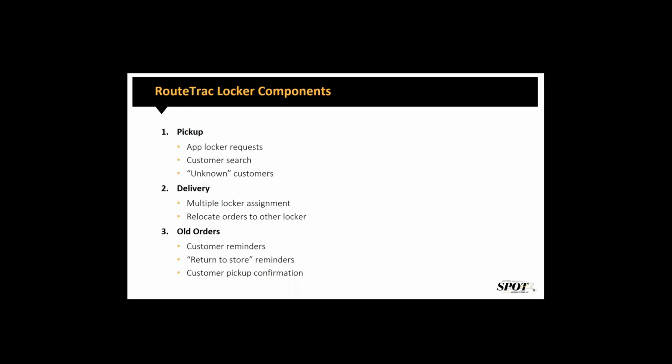And then the third one is old orders. Old orders is what handles the reminders that trigger when a customer has not picked up their garments and they've been sitting in a locker bank for way too long. Then we definitely want to remind them to come clear that locker out, because they're not supposed to be storage units, right? They're supposed to be lockers.